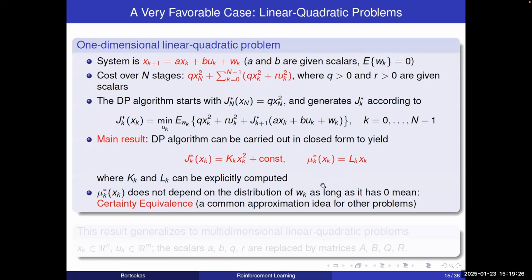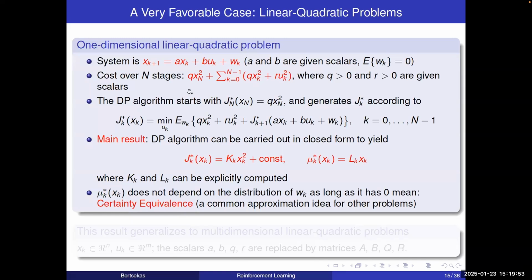The control does not depend on the distribution of wk. Now, this property is very nice, but it's also rare. There are only few problems that have this property. On the other hand, in reinforcement learning, often we use this property as an approximation for other problems to simplify the stochastic structure.